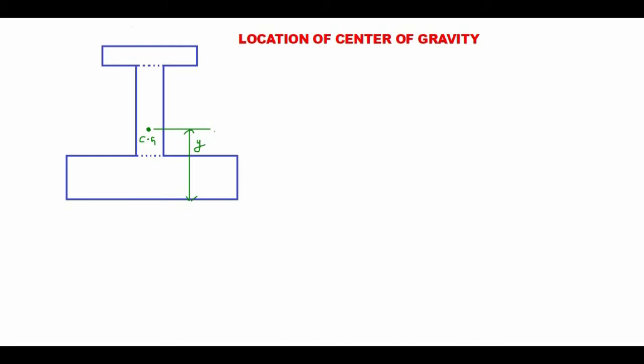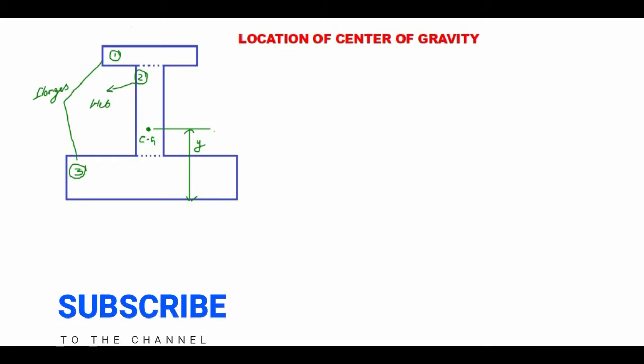Now this is CG, and in order to find the location, let us divide this complete I section into 3 parts. Top flange is 1, this web is 2, and this is 3. You know these two are flanges, and this is the web.